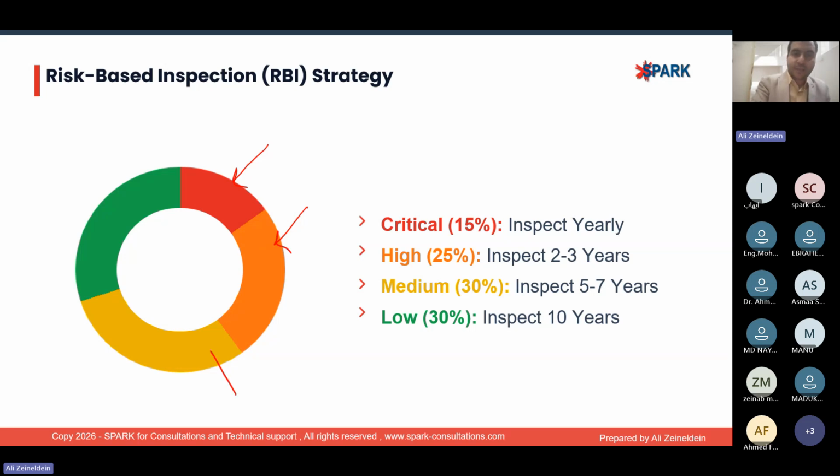This is a medium risk, and this is a low risk. And distribute the effort for inspection based on the risk. Okay. And after that, we can focus on the high risk equipment or high risk parts from the equipment itself.